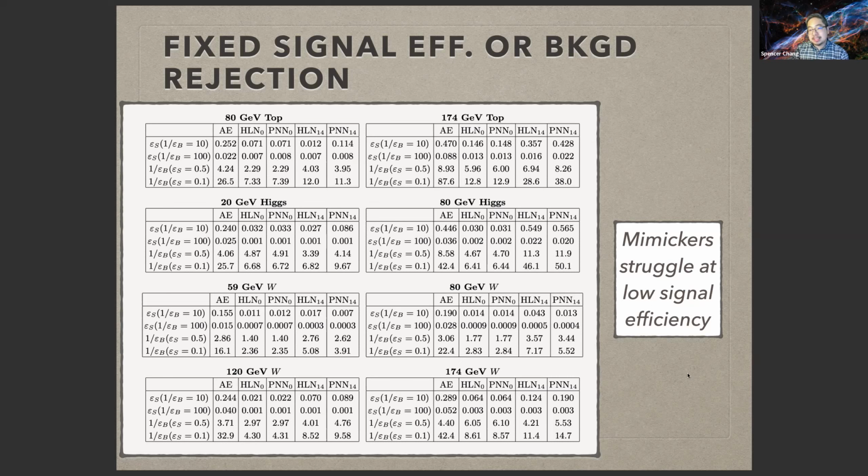So that's certainly something, if you look at not a global quantity like the area under the curve, but you work at a fixed signal efficiency and look at the background rejection, or do it the other way, look at the fixed background rejection and the signal efficiency, it doesn't do as well, and we recognize that.